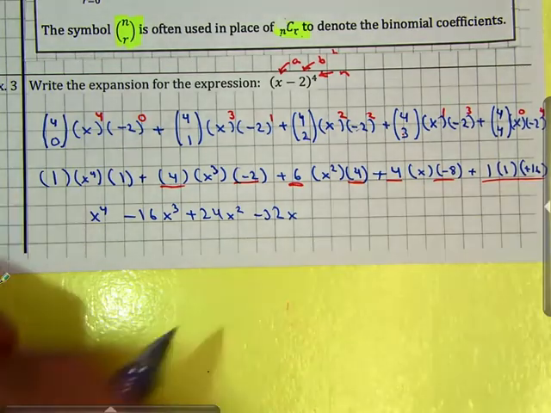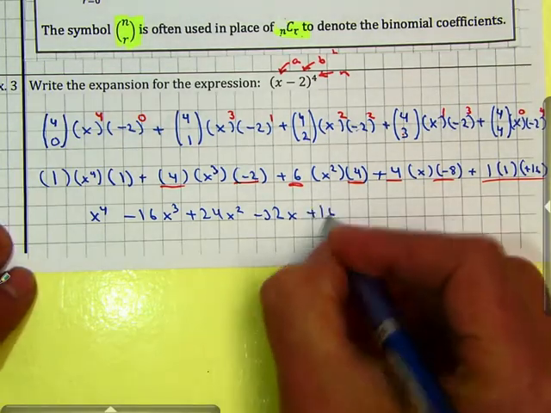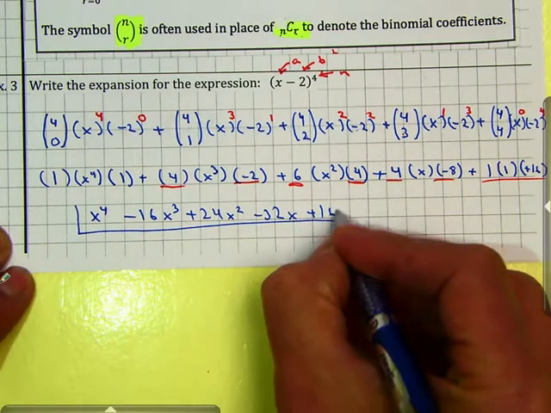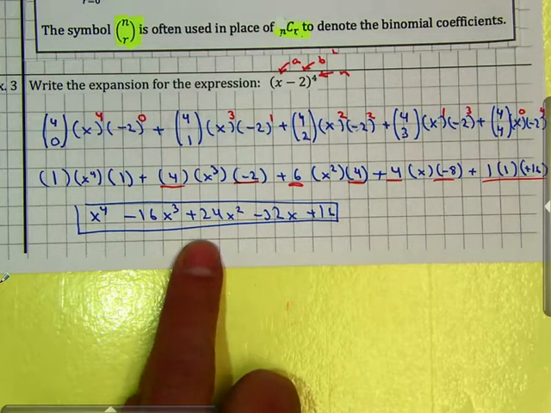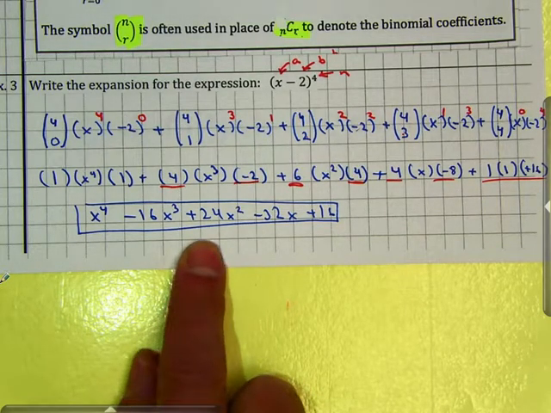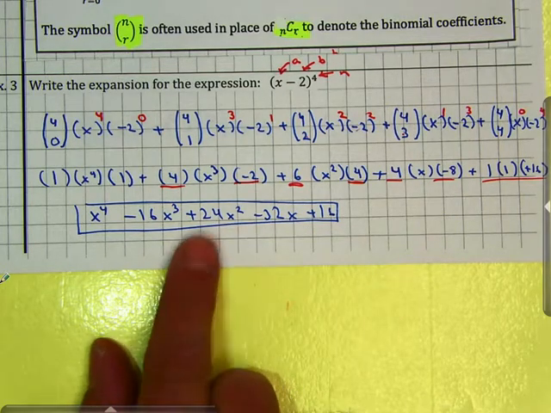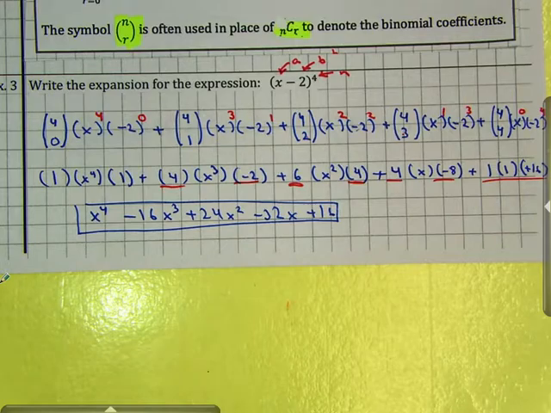And multiplying all the numbers, since we have no x's, it will be plus 16. And if you notice, on example number 1 you get exactly the same thing that we got on example number 3. Which way do you guys prefer to do it? Actually, after a while, this will be easier as the numbers get much bigger.